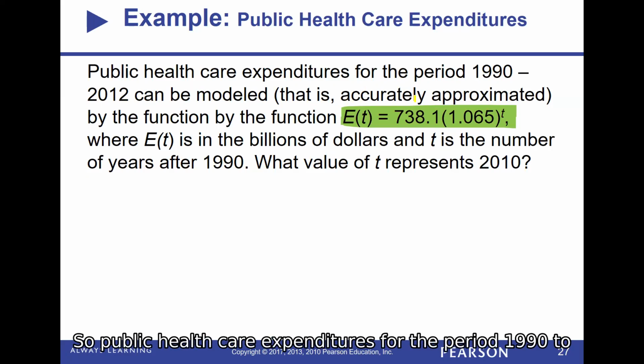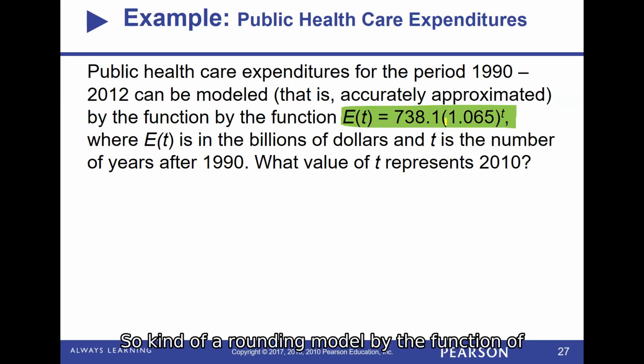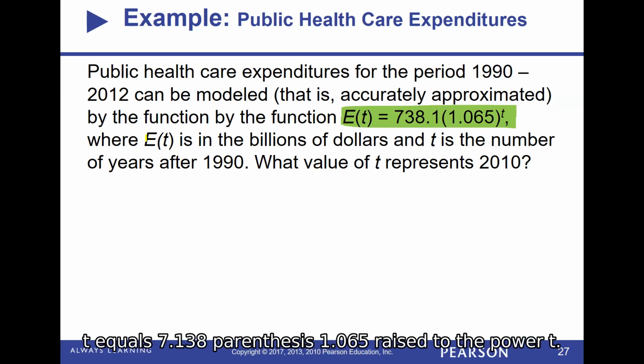So, public health care expenditures for the period 1990 to 2012 can be modeled pretty accurately, approximated, so kind of a rounding model, by the function E of t equals 738.1 times 1.065 raised to the power of t.